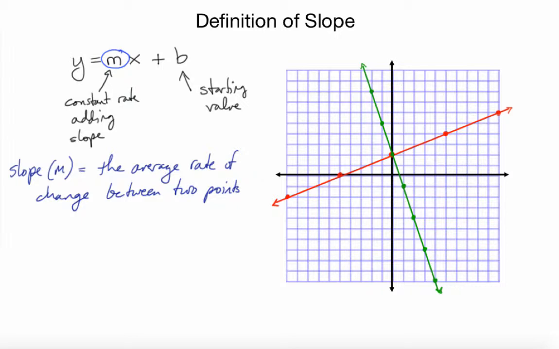So let's start with the red graph. Let's look at a couple points here. We're going to take this point. The coordinates of this first point right here are, let's see, if I go over on my x values, it's 5 over and 1, 2, 3, 4 up. So my coordinates of that point are 5 and 4. So x value is 5, a y value is 4.